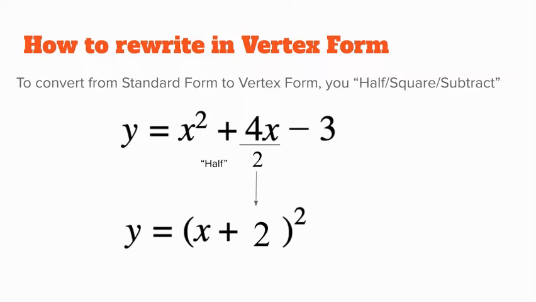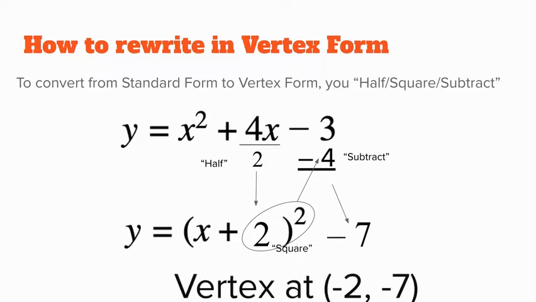Now this works if your stretch factor is 1. So if there's any other number out in front of x squared, this isn't going to work, and I have a different formula for you. So after you've halved the middle number, then you're going to square it. So 2 squared is 4, and I'm going to subtract that from the end value, that negative 3, and that gets me negative 7, the y value of my vertex.